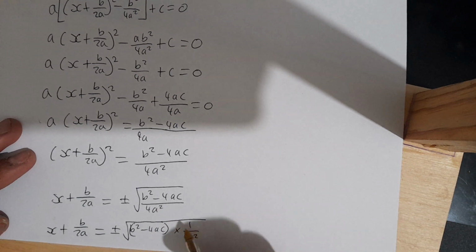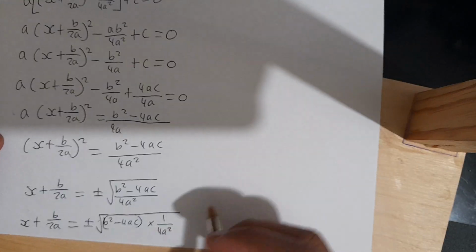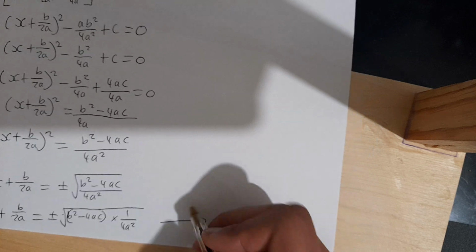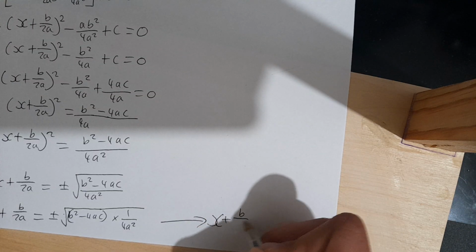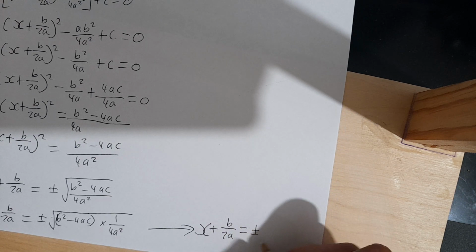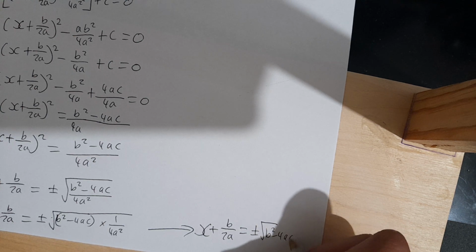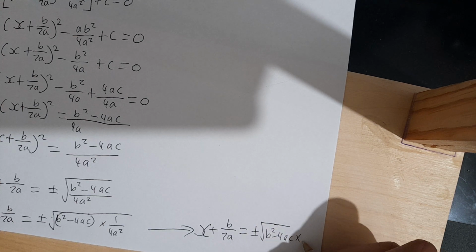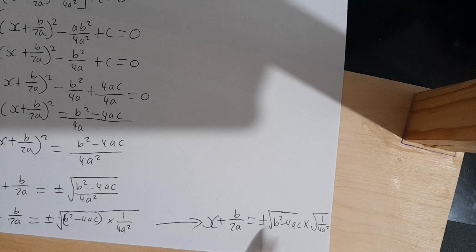So, armed with that knowledge, we can say that x plus b over 2a equals plus minus root b squared take away 4ac multiplied by root 1 over 4a squared, because we can split the radical into this.